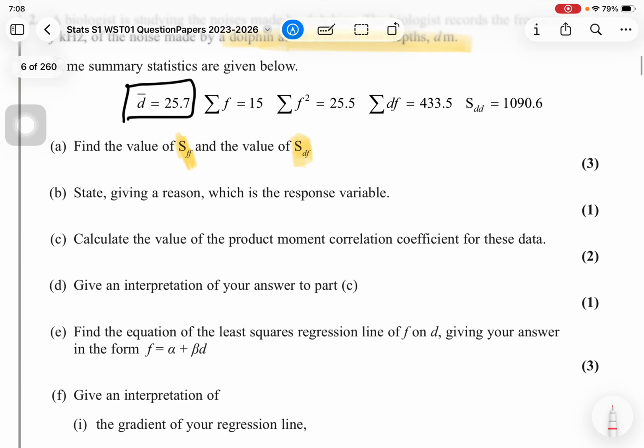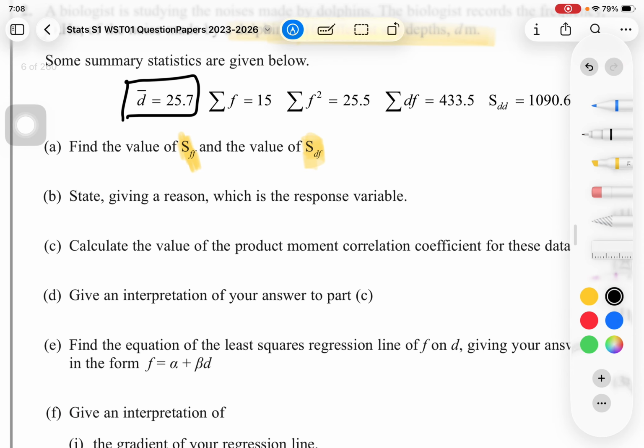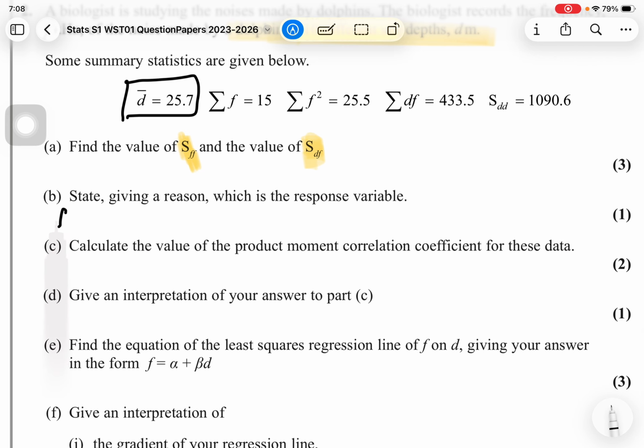So the answer, I'll quickly write in here itself. We have to give the reason too. Response variable is frequency, with F in brackets.